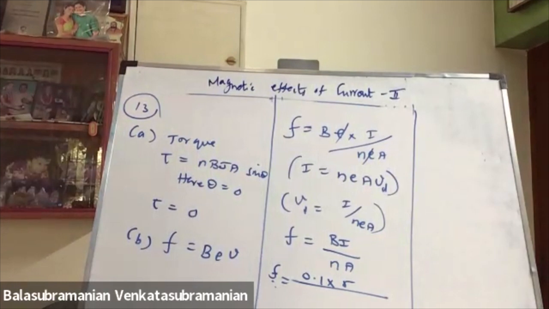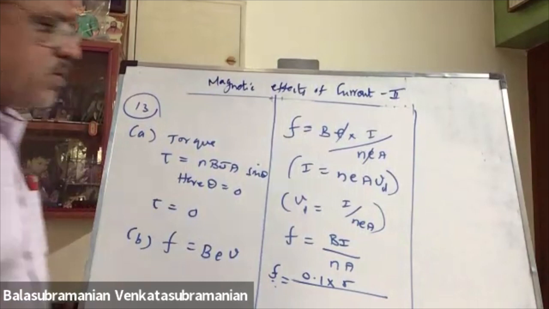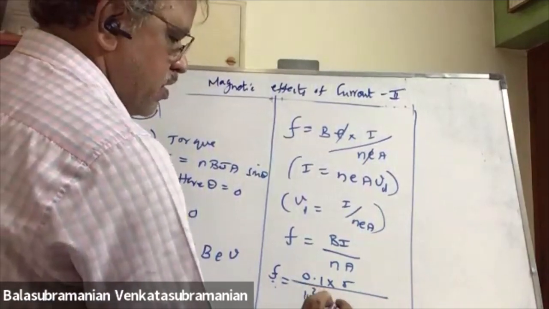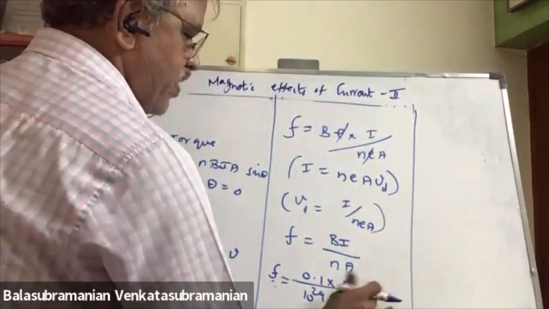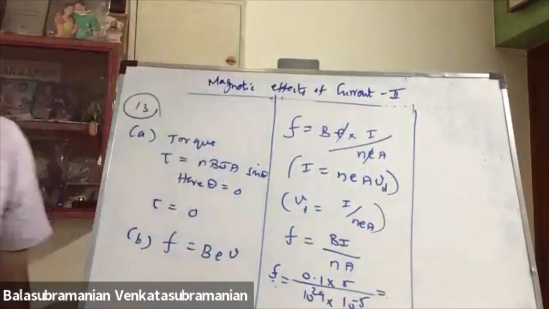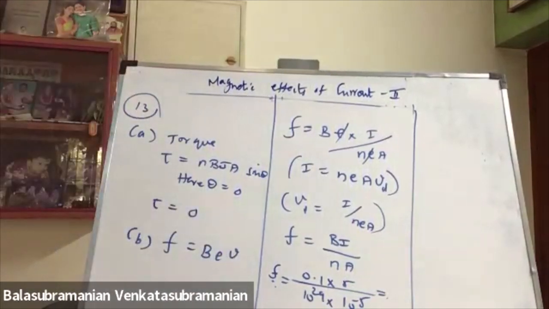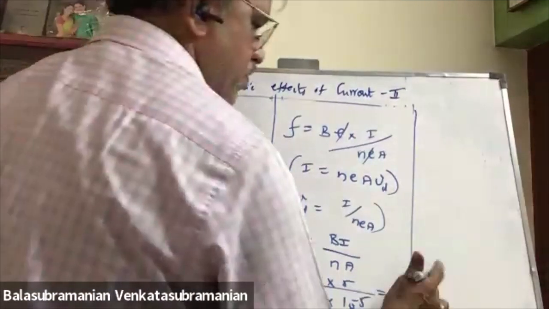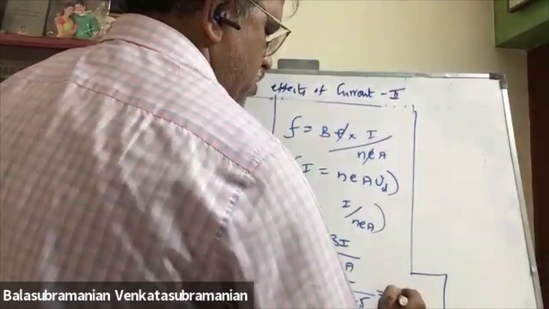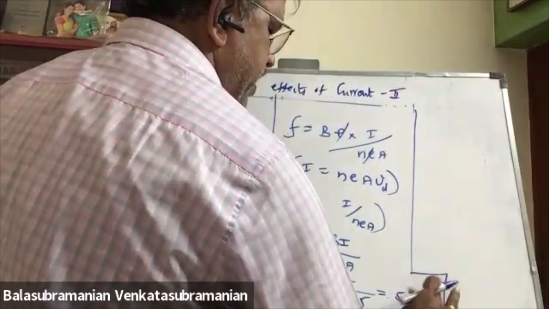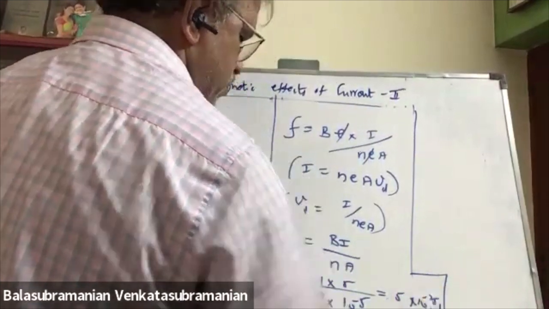Number of electrons, electron density 10 power 29. Area 10 power minus 5. Simplify, you are getting the force as 5 into 10 power minus 25 Newton.